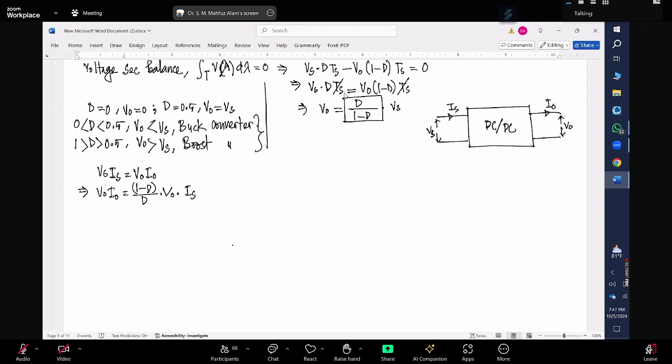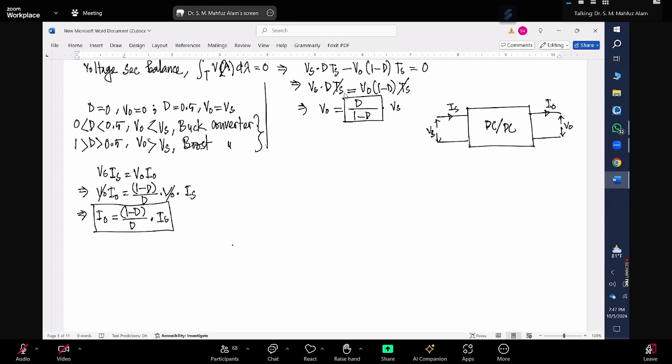If we cancel V naught out, what is the relationship between output current and input current? Source current 1 minus D over D multiplied by Is. So that is the relationship between your output current and input source current.